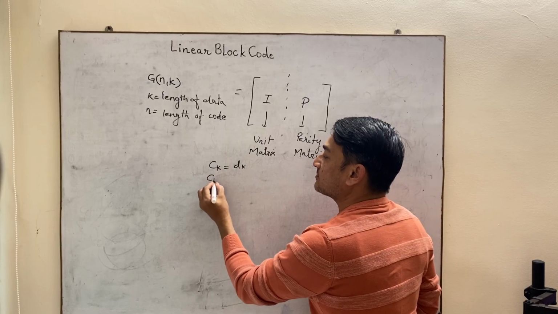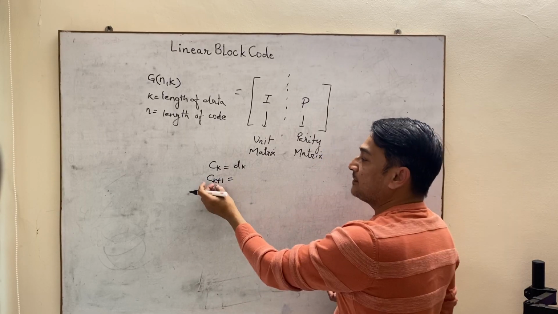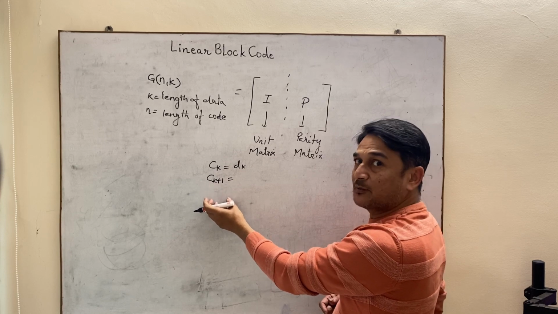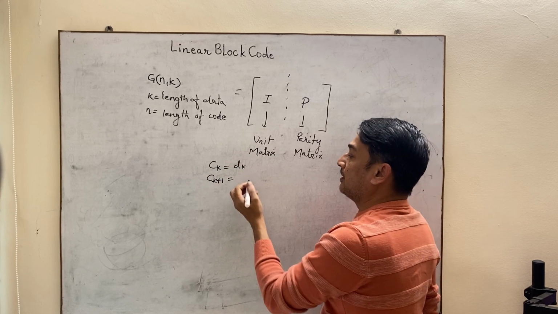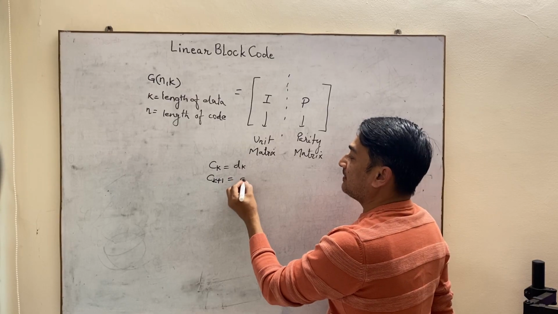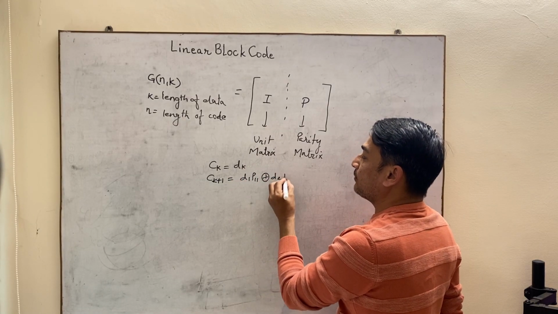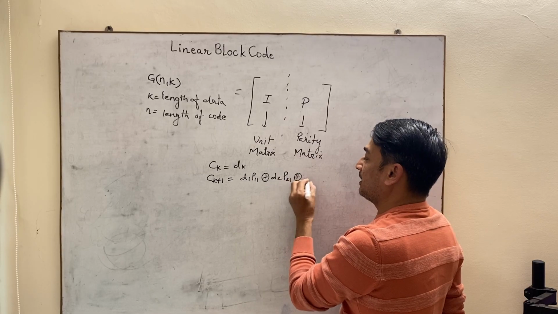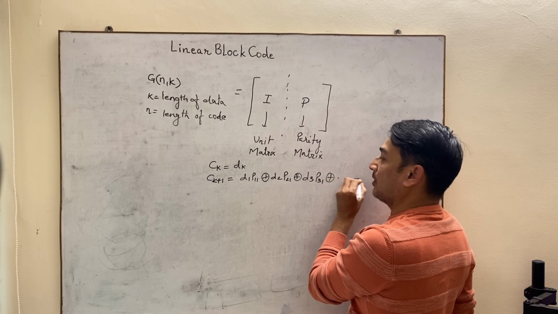Then C(k+1). C(k+1) means if k is equal to 3, that means 3 plus 1, this will be the C4 bit, that is the 4th bit of the code. It will be calculated by d1 into p11 XOR d2 into p21 XOR d3 into p31, and so on.